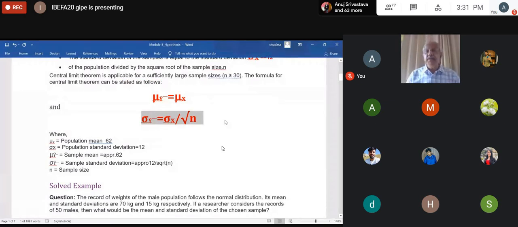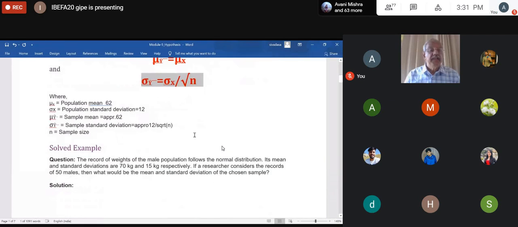Y bar stands for sample mean, X stands for original data. So mu x stands for population mean, sigma x stands for population standard deviation, mean of y bar stands for sample mean, sigma y bar stands for standard error, and n is the sample size.